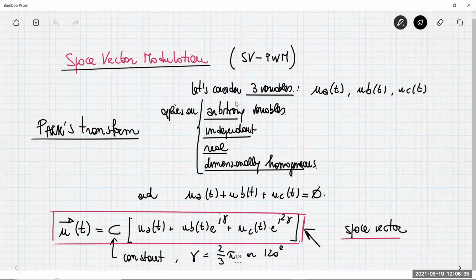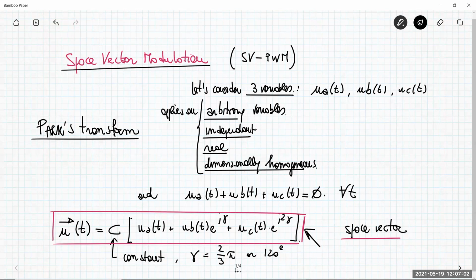So they need to be arbitrary values. Suppose that ua, ub, and uc are independent and real. They are dimensionally homogeneous, for example 3 voltages or 3 currents. And the summation of the 3 must be 0 for any t.